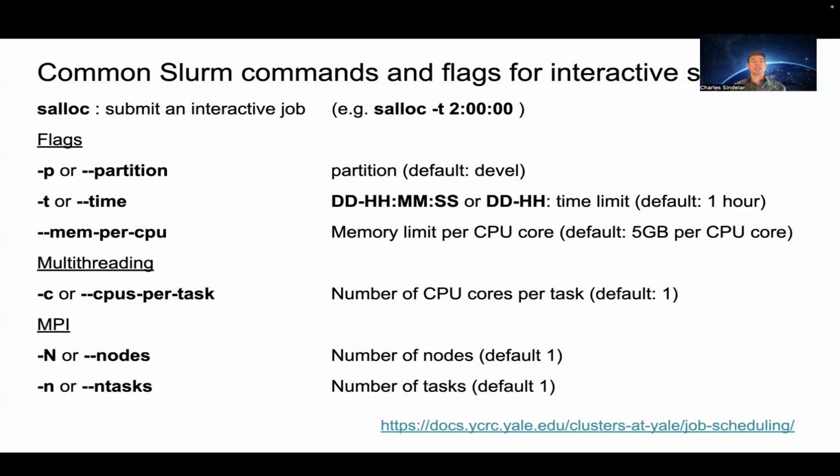In that case, you can request the number of compute nodes, which the default is 1, but you can ask for more than 1 node, which increases the number of cores or CPUs that can be available to your task or job. And you can also request a number of tasks for the MPI job, and that's separate from the meaning of the word task I was just using.